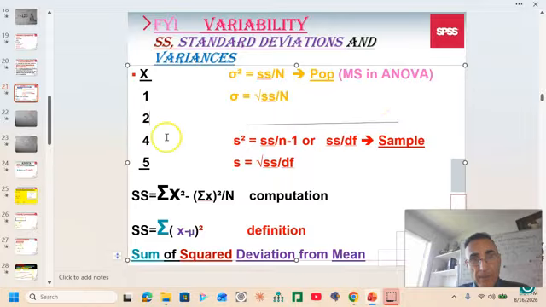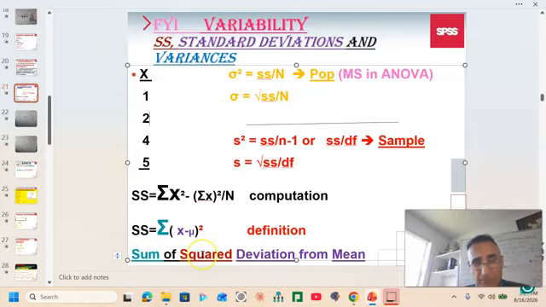So if these are your data, what you need to know is this formula, SS, sum of squared deviation from mean, but for short, sum of squares. If you remember this entire definition for the SS, and I color coded them for you, you can see that definition. You can see that's sum, right? That's the green color.